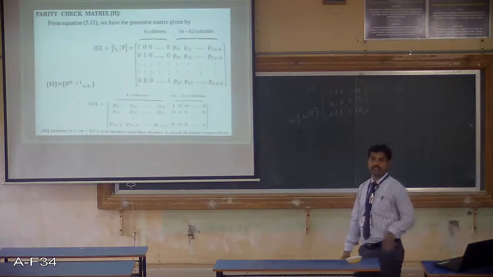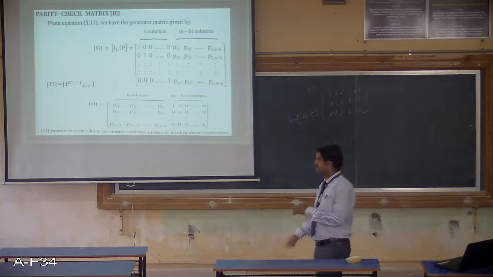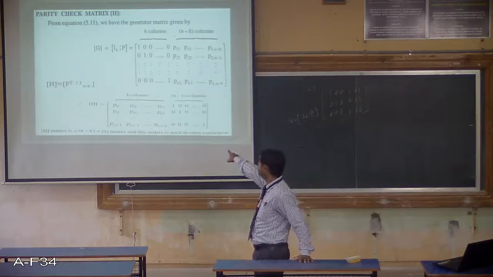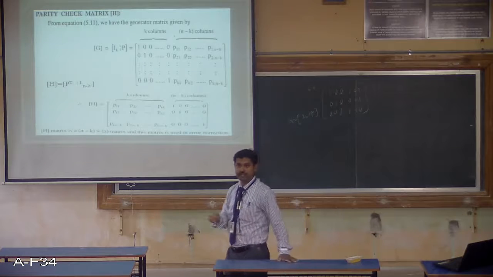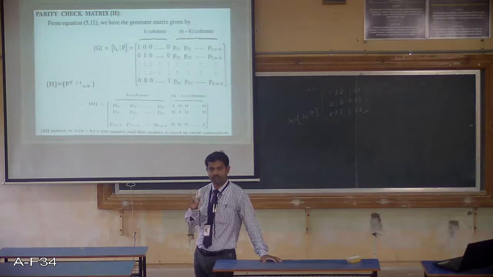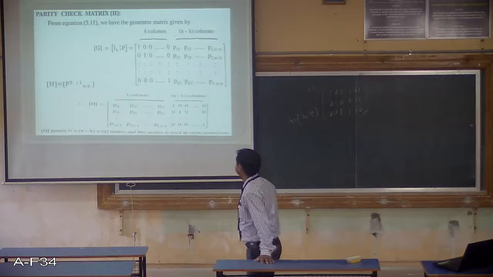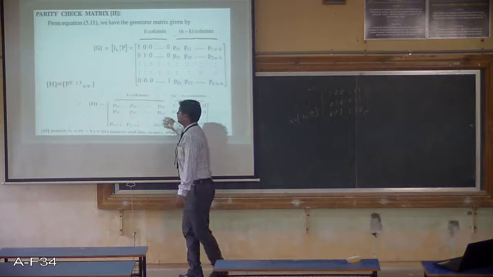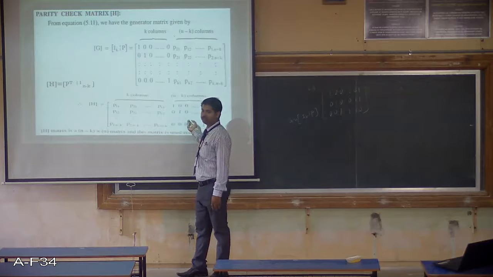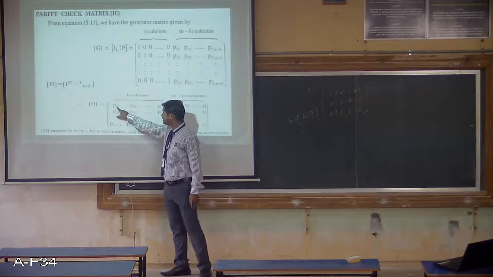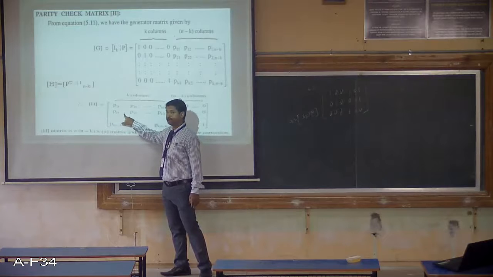The same G I can just put up in that particular form here. Again same thing, P11 indicates first row, first column of parity. Right? This one. What is the order now? The order will change now. Totally how many rows for the H matrix? This is the first row. This is the second row.